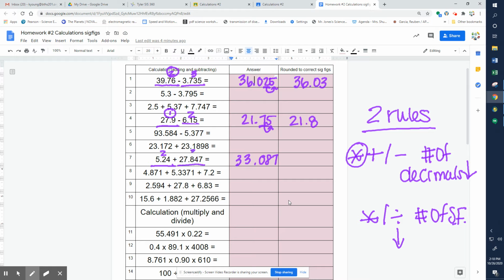My second number has 3 decimal places. 2 is smaller than 3, so I'm going to look at our second decimal place. Look behind it. It again gets rounded up. So our answer, 33.09. That is how you do addition and subtraction.